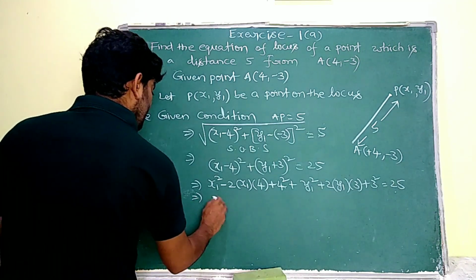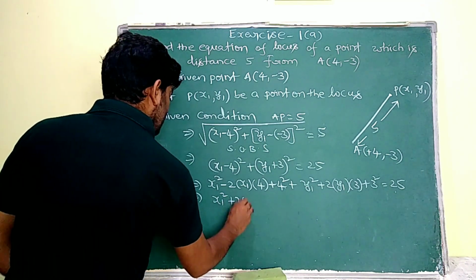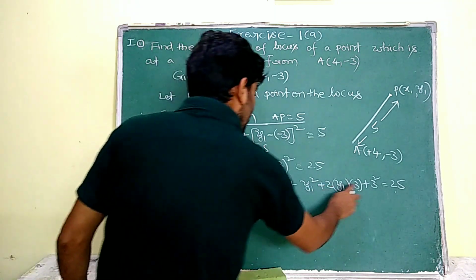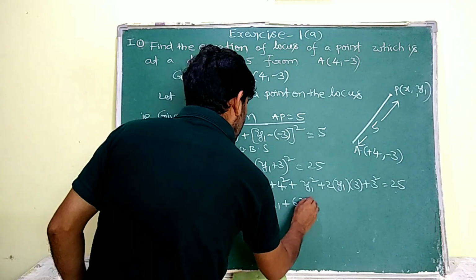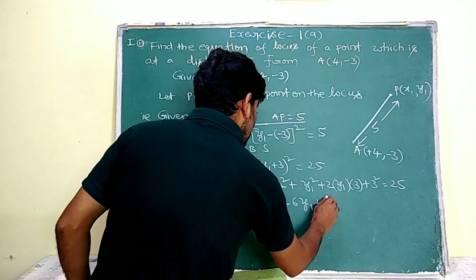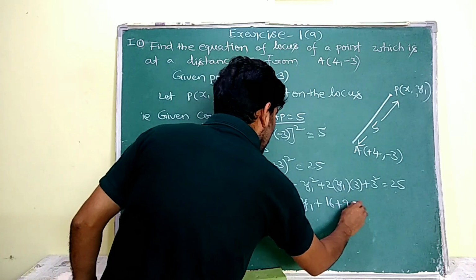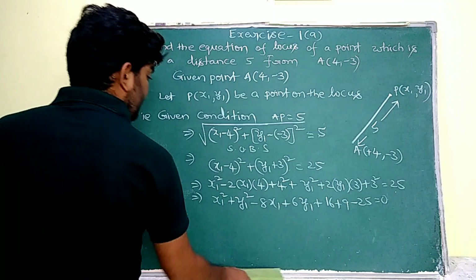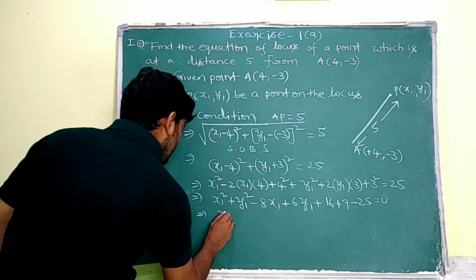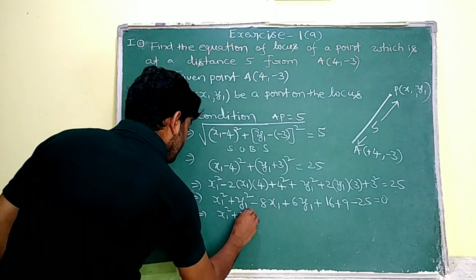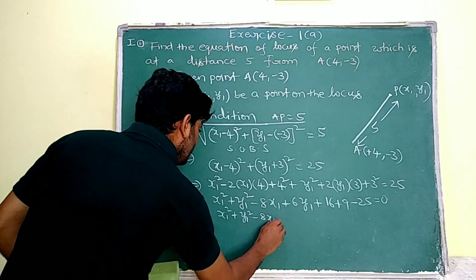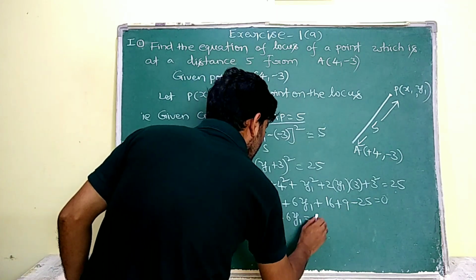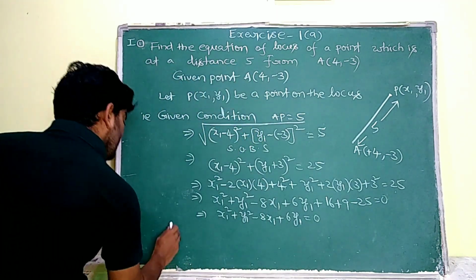See, x1 square plus y1 square minus 8x1 plus 6y1 plus 16 plus 9 minus 25 is equal to 0. Now the constant terms 16 plus 9 minus 25 are going to be cancelled, so the constant term is equal to 0.